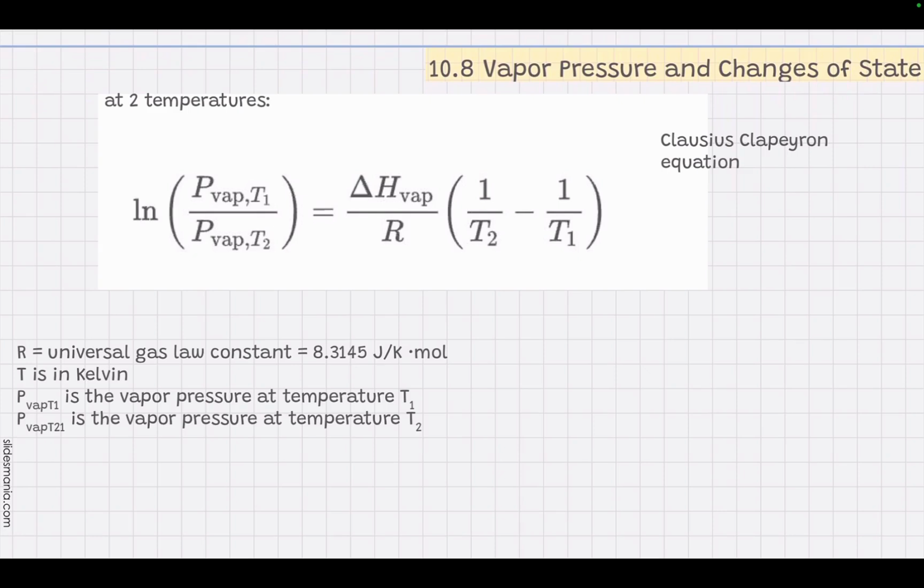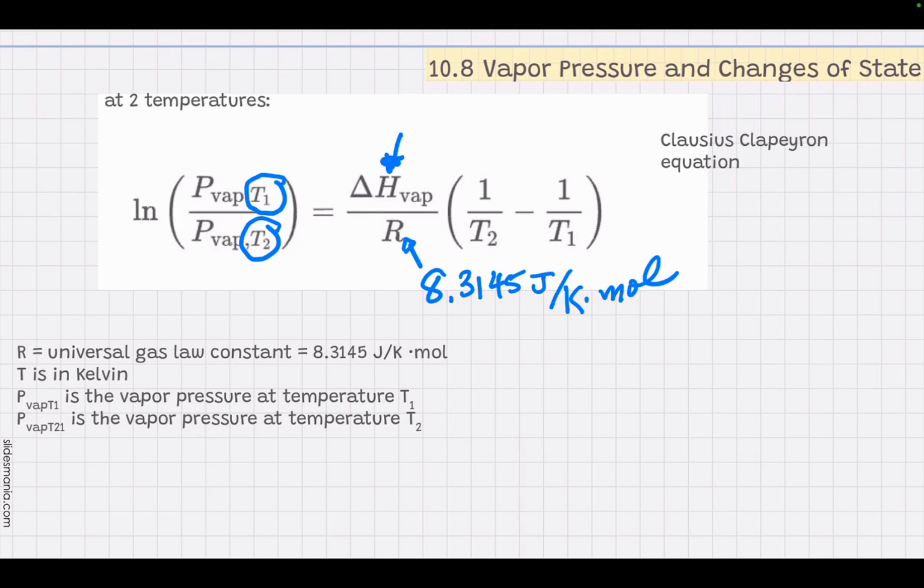We would take the natural log of the vapor pressure at the first temperature divided by the vapor pressure at a second temperature, and that equals the enthalpy of vaporization over R, which is the ideal gas law constant, 8.3145 joules per Kelvin mole.